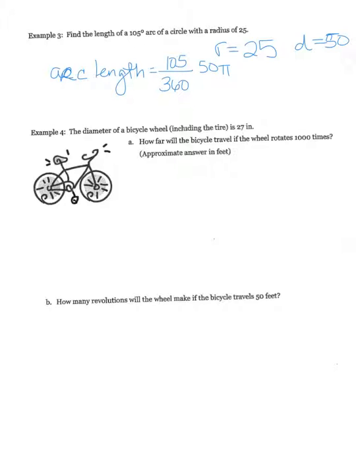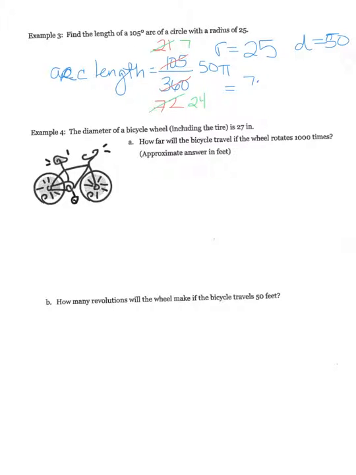105 and 360 can actually be simplified to 21 over 72. Before we multiply across, we can still simplify it even more. So 3 goes into both 21 and 72. So let's simplify this now to 7, and this goes to 24. All right, so it's getting a little messy, so let's multiply across.